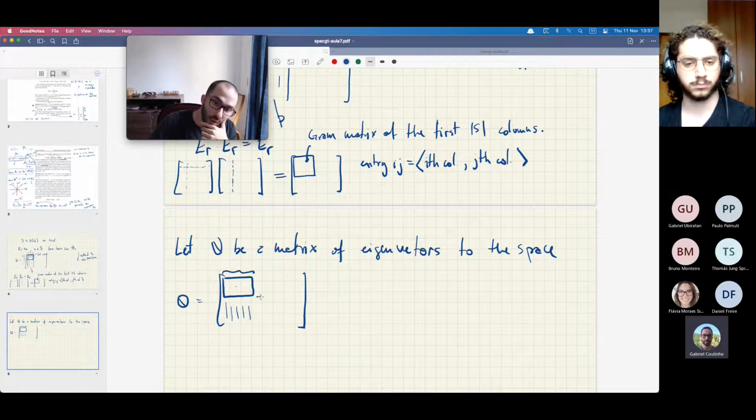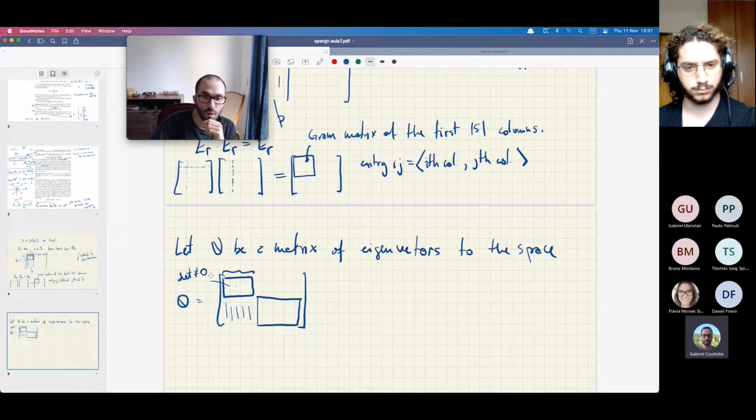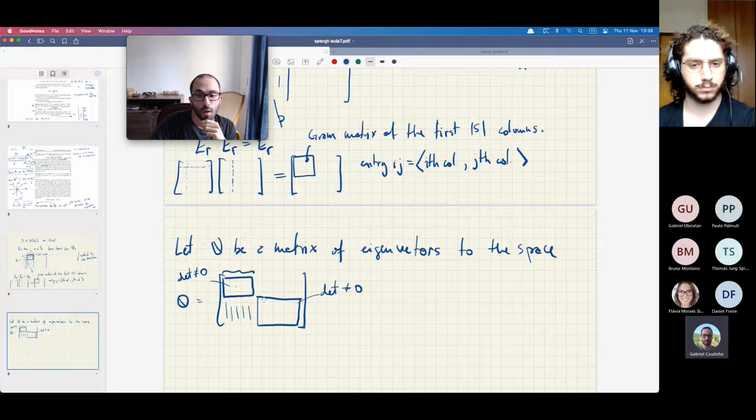But now, I want to look at this block here. This block has determinant different than 0, and I want to argue that this block also has determinant different than 0. In order to do that, I need to show that these columns within the block are linearly independent.